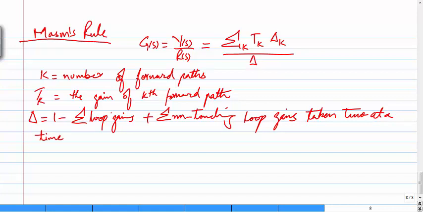So first you have just the single loop gains, but here you have to write all those loops that are not touching and then take the gains of those non-touching loops. Then we have a minus sign, then the summation of non-touching loop gains taken three at a time.